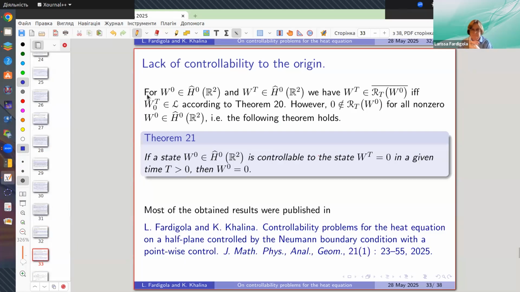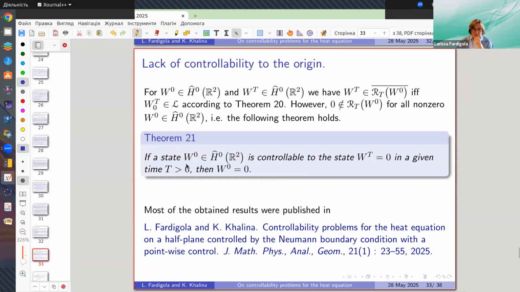And also we have the following statement on the lack of controllability to the origin. So if we consider arbitrary W0, we cannot drive the state to 0 if W0 doesn't equal 0.